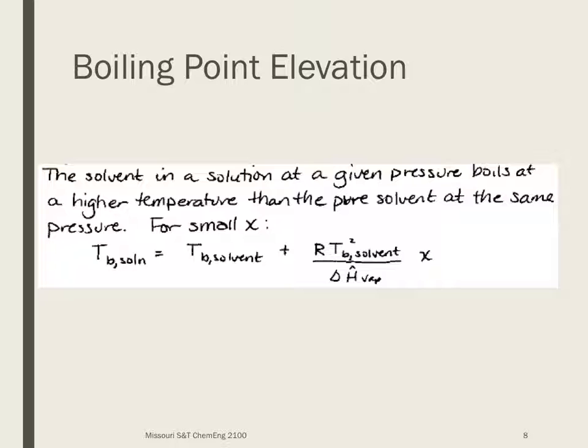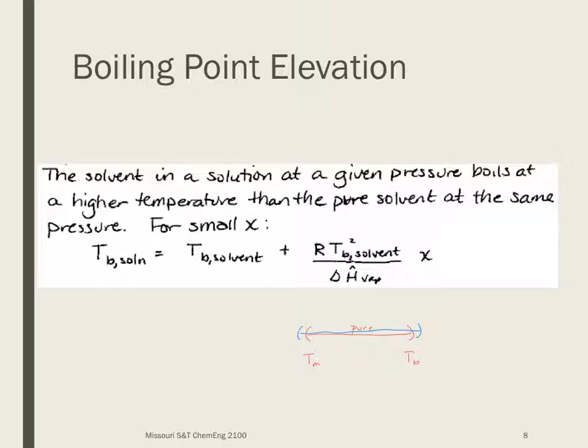water. And then I also have boiling point elevation. The solvent in the solution at a given pressure will boil at a slightly higher temperature. So if I had a range from the melting point to the boiling point for the pure solvent, for the mixture it's going to be slightly larger.